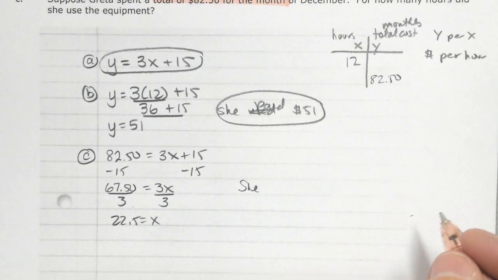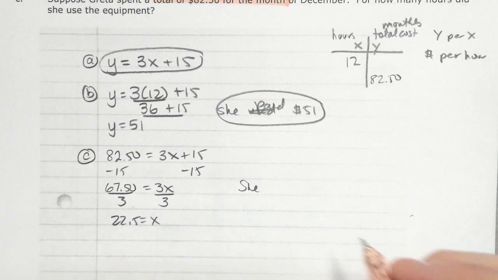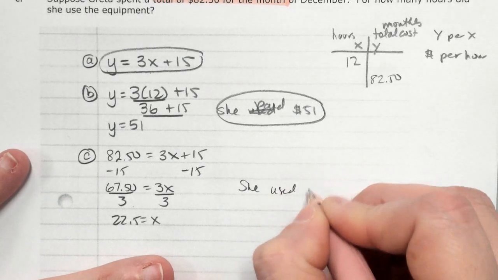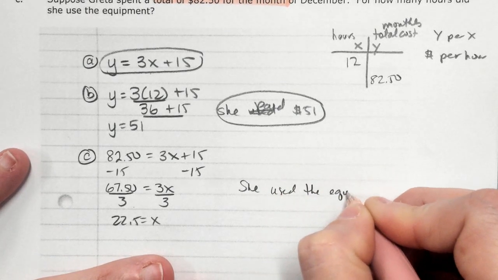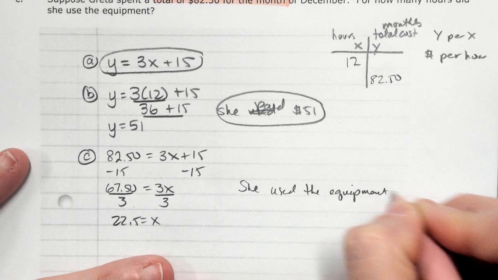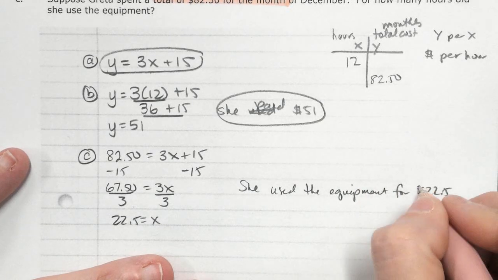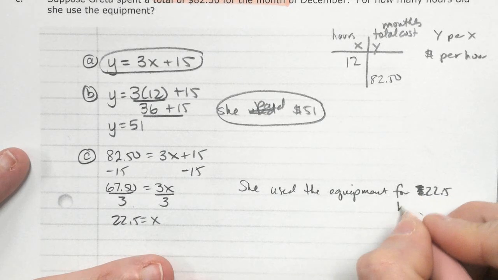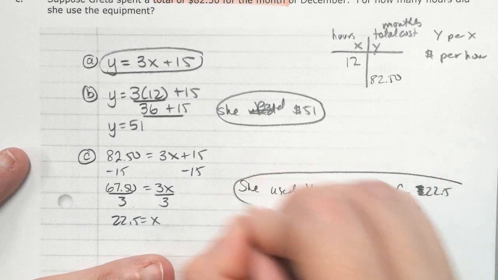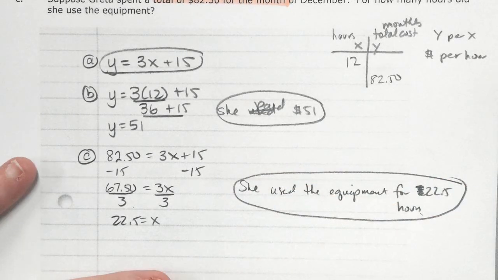She used the equipment for 22.5 hours, so that's what you write. That's your response. She used the equipment for 22.5, I don't know why I put a dollar sign there, I'm sorry, hours. Remember, make sure that your answer makes sense and that you're responding to the question.